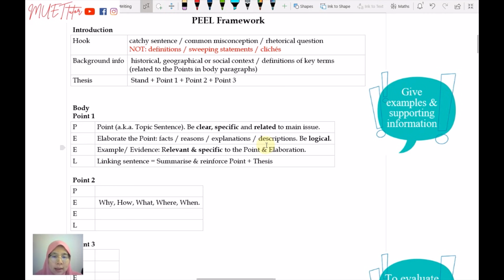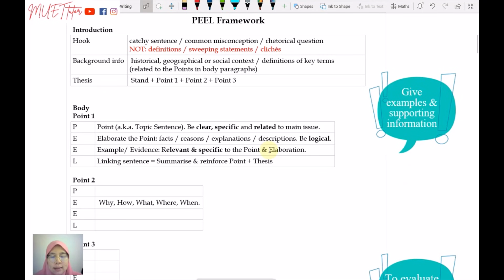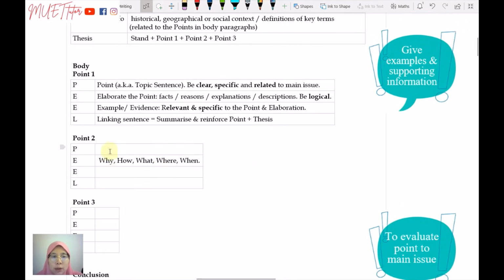Here, I'd like to say that this is not the only way to organize your ideas in essays. Out there, you would see that the thesis statement, for example, is located in the middle or even at the end of the essay. Or another example, the topic sentence, or P here, could be in the middle of or at the end of the body paragraph.